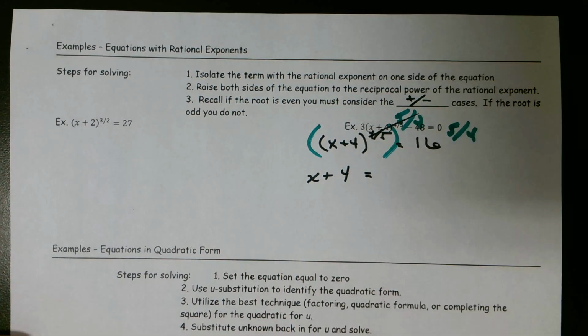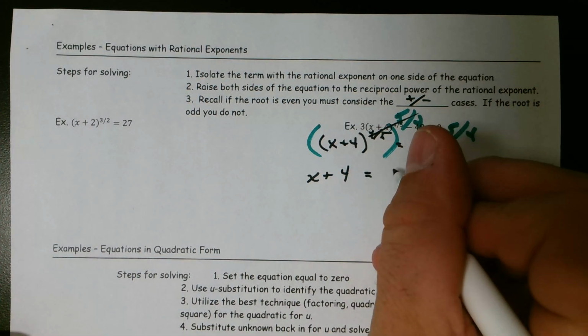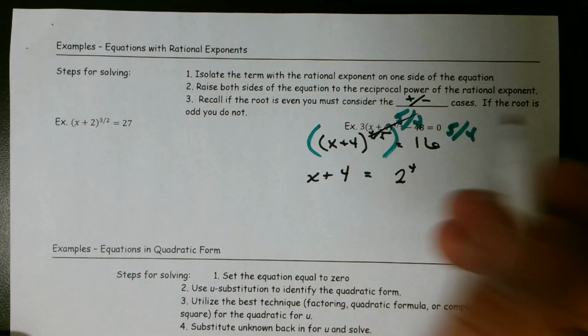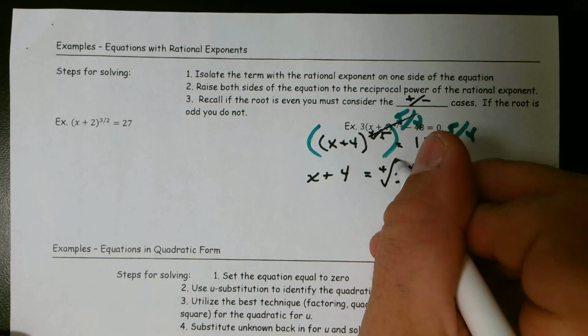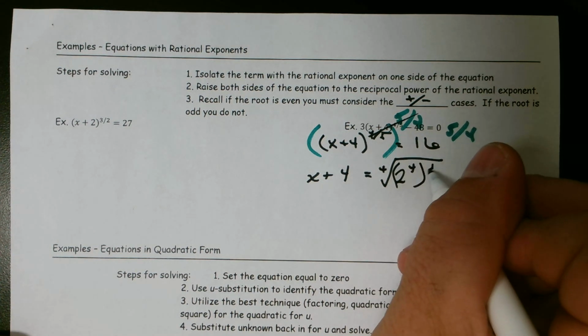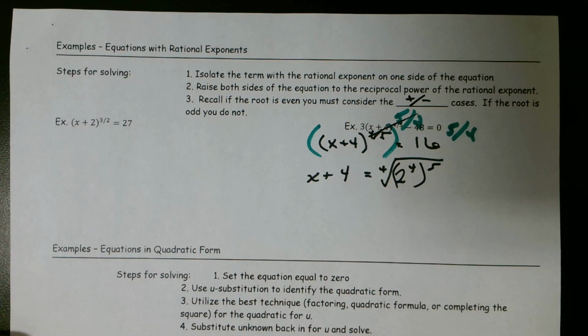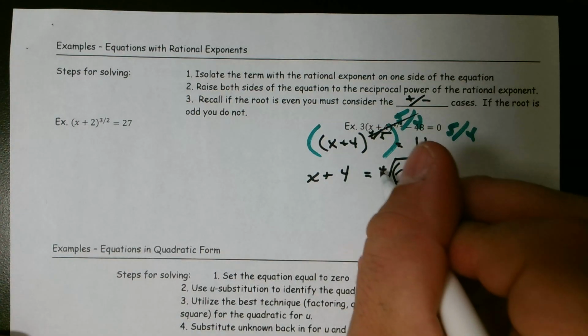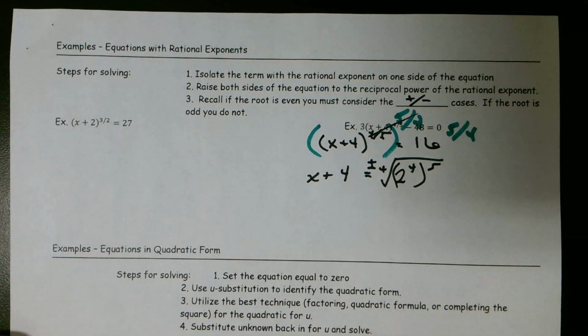Well, 16 is really just 2 to the 4th. We're going to be taking the 4th root of it to the 5th power. Now, don't forget, we took the 4th root here, so we have to have our plus or minus.